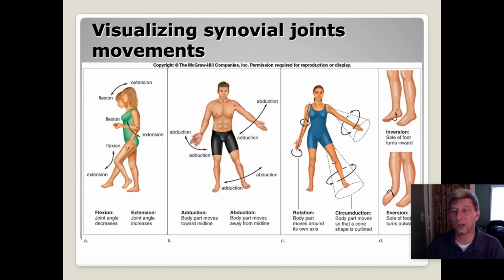One that I didn't include in the previous slide was rotation. Think about this. We're one of the few species that can actually turn our arms almost 360 degrees. We can also rotate them. This is rotation. This is called circumduction.